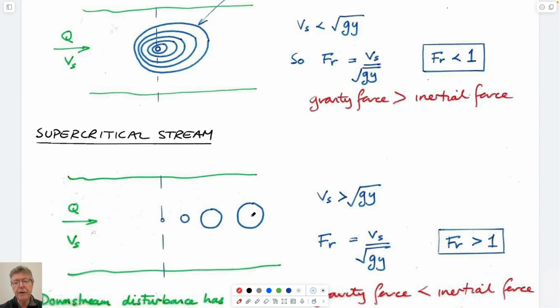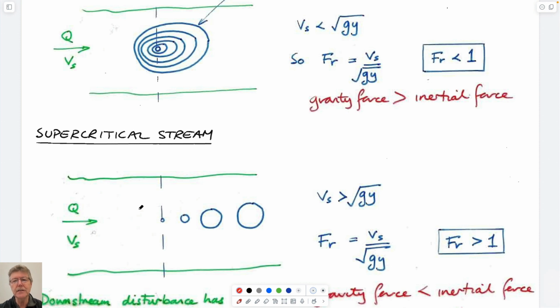So this is the pebble that was dropped in at 0 seconds, 1 second, 2 seconds, 3 seconds, etc. And so the idea here is that no information gets transferred upstream, and so the upstream flow has no way of knowing what that flow is.